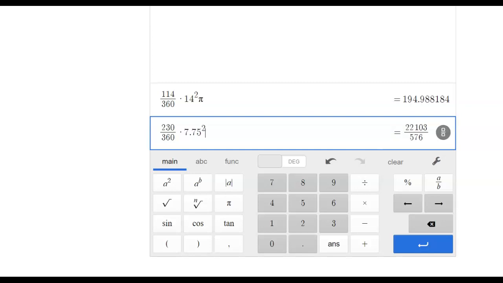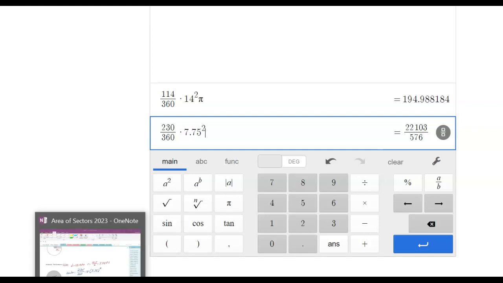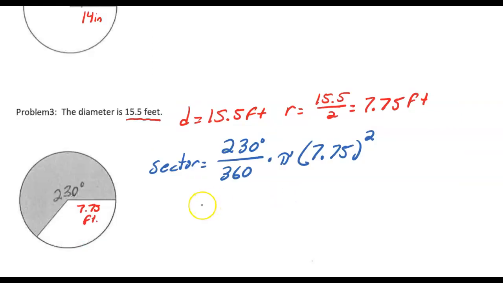So on the SAT, you'll see 22103 divided by 576 pi as one of the choices. So the exact answer is 22103 over 576 pi, and the unit would be feet squared.